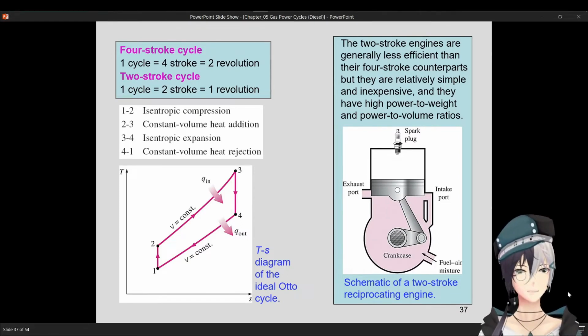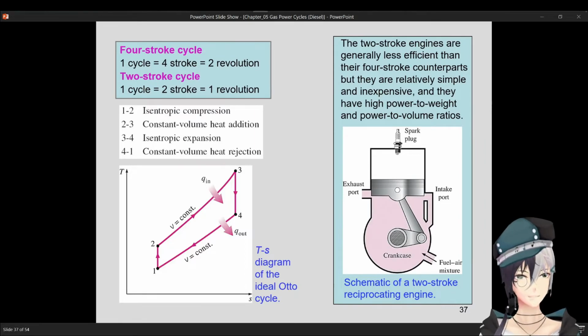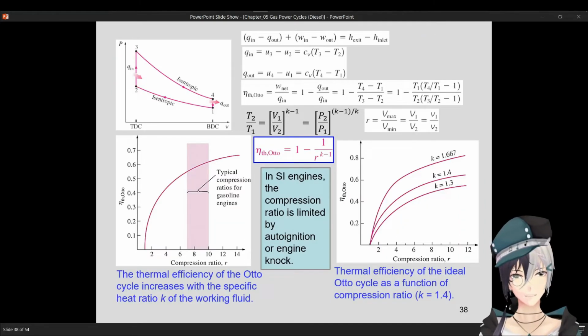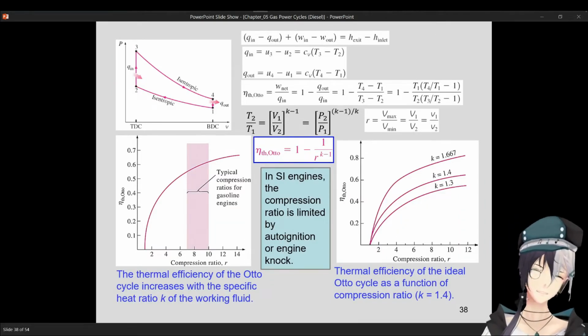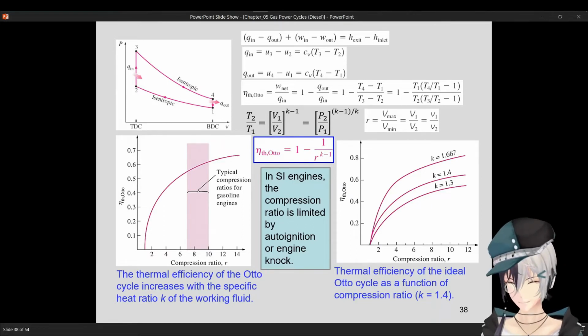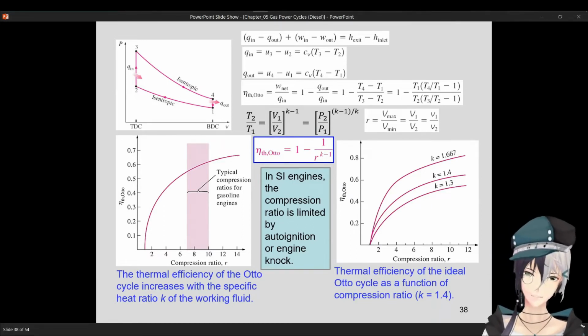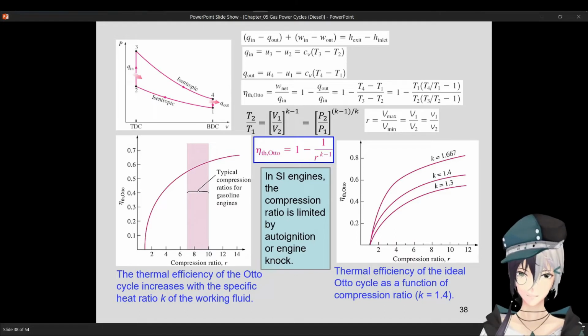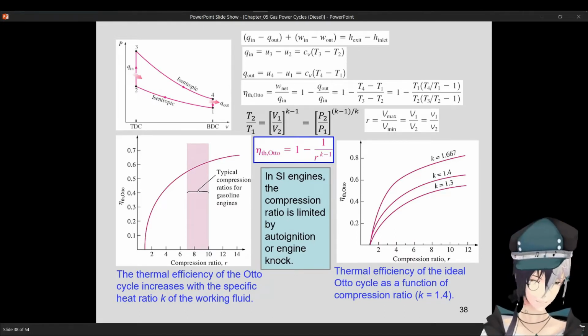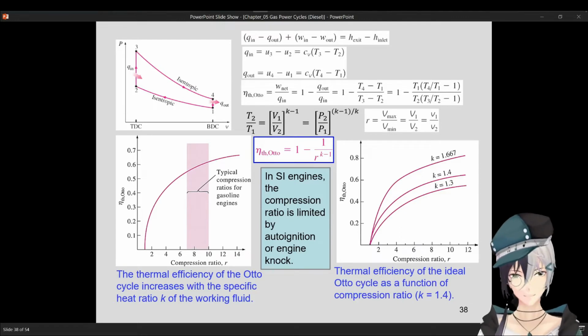So the two-stroke engine produces twice the power, theoretically, of a four-stroke engine of the same size.